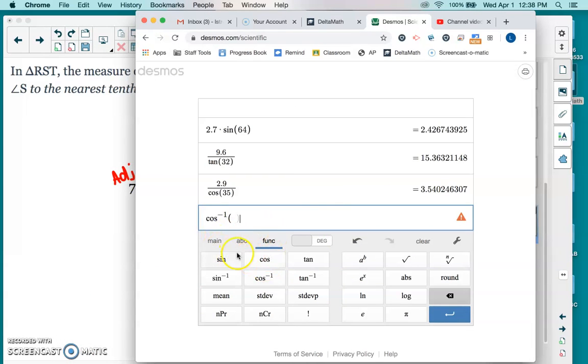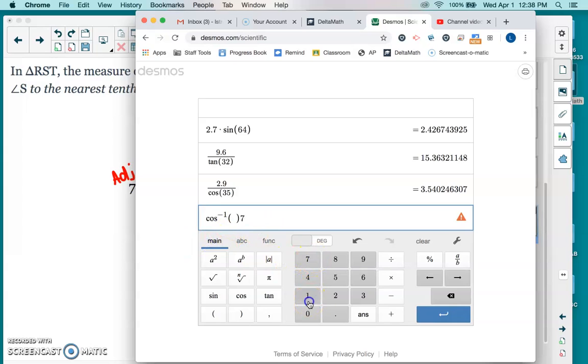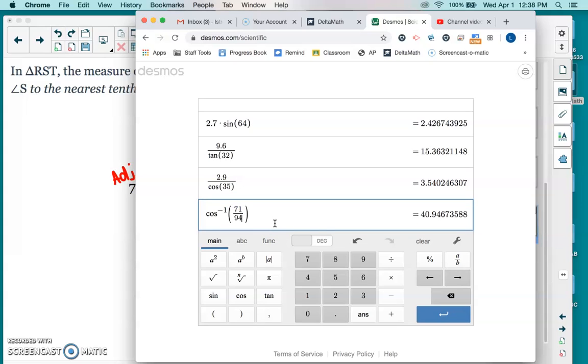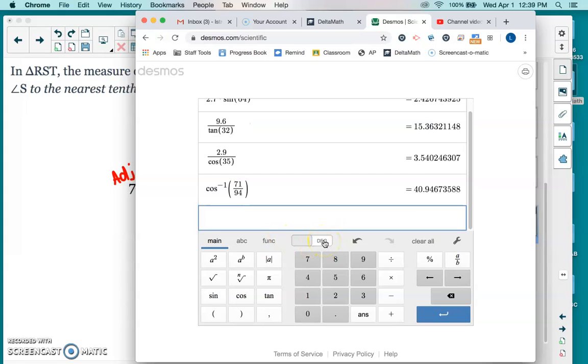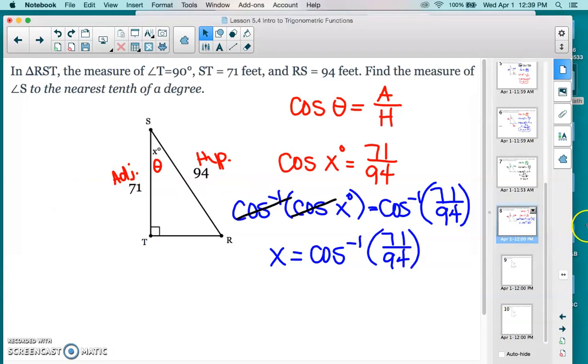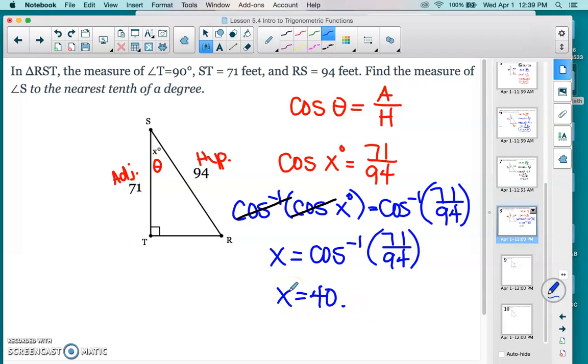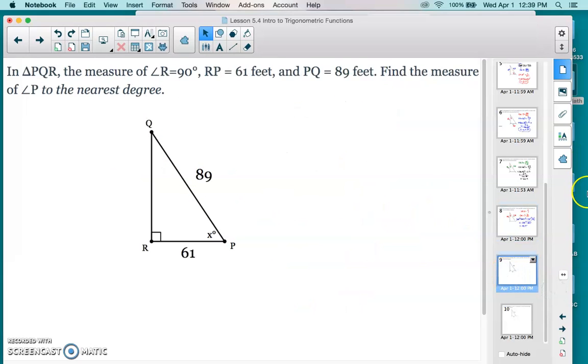So I have to go back to main. 71 over 94, and then make sure I'm still in degrees. So my degree measurement is 40.9. So my degree measurement for x is 40.9 degrees. So that's the angle measurement. That's 40.9 degrees.